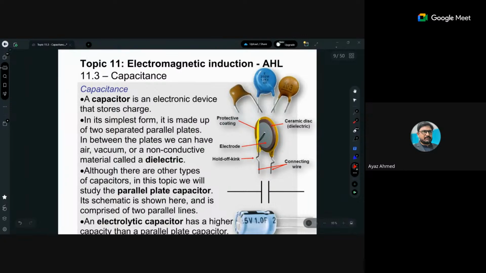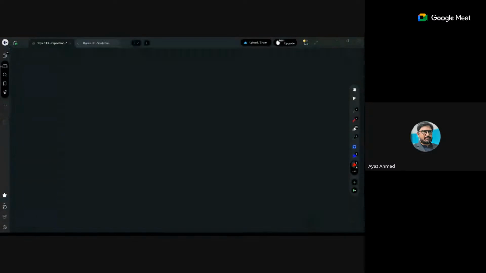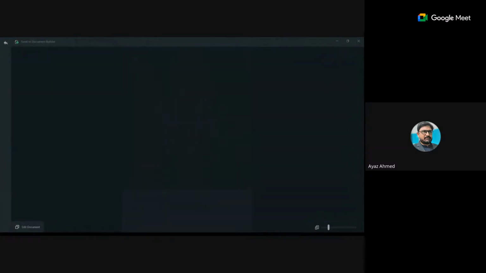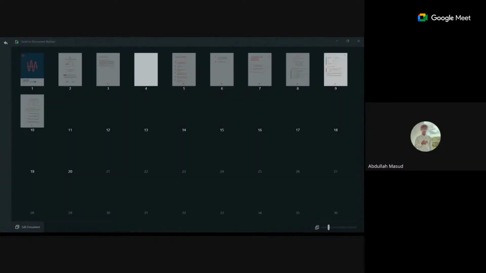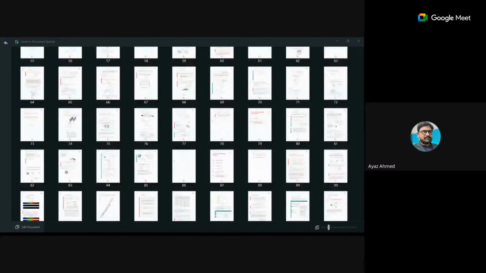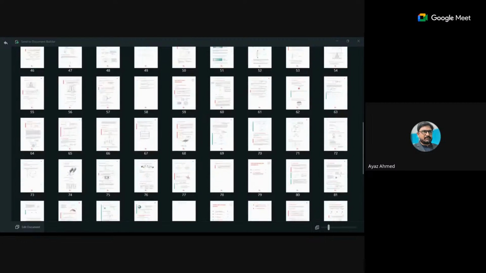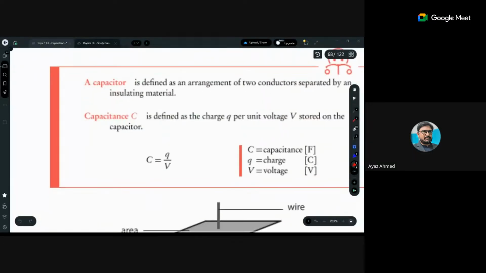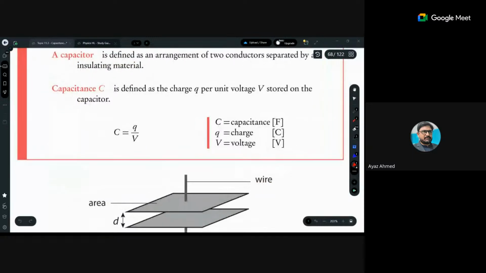That will give you a link of your topic with this one. So here we go, we have the capacitors over here. Is it visible to you?